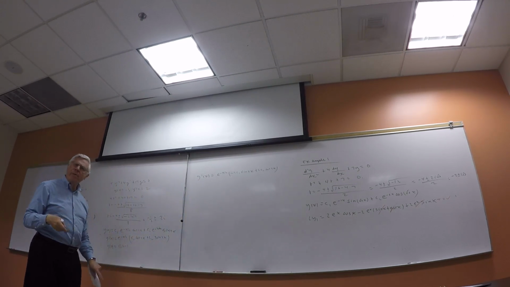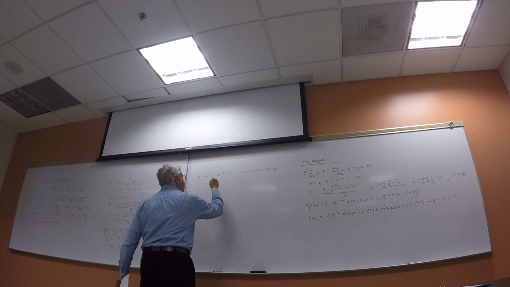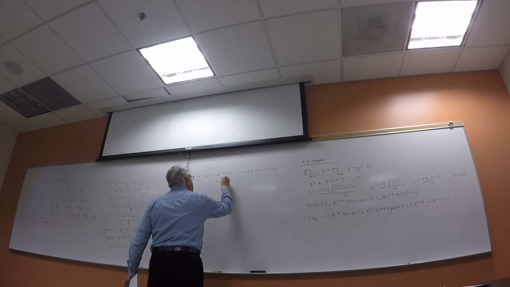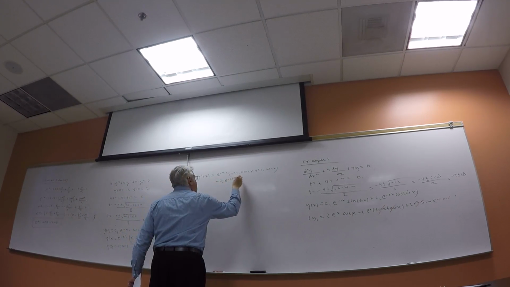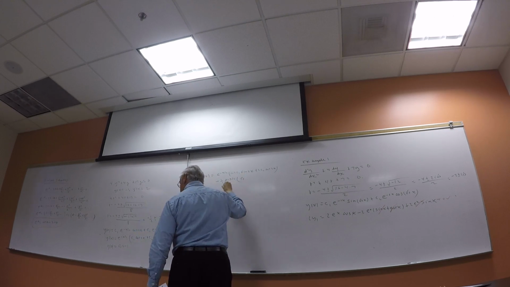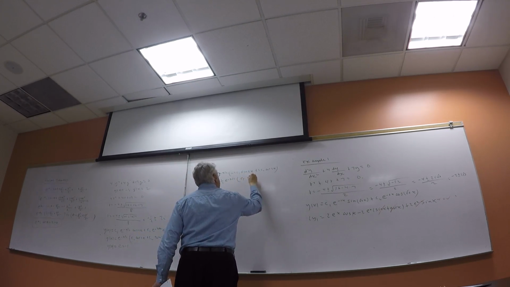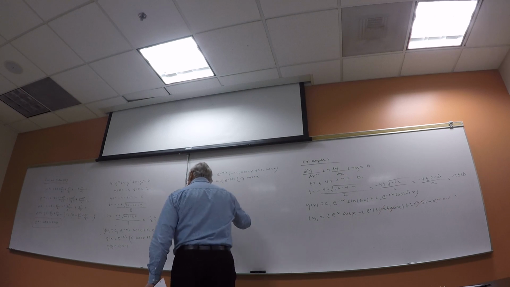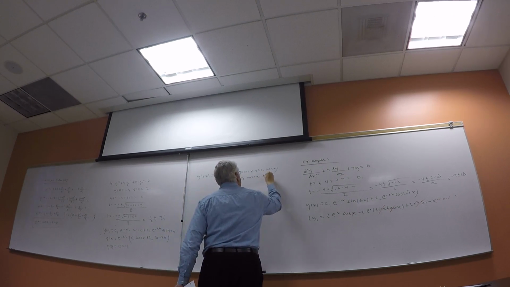And then I have to differentiate e to the minus x over 2, which is minus a half e to the minus x over 2, and then just the stuff in parentheses: c1 cosine 2x plus c sub 2 sine 2x.